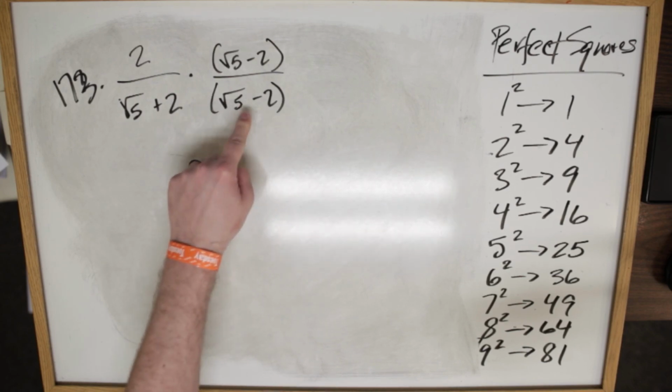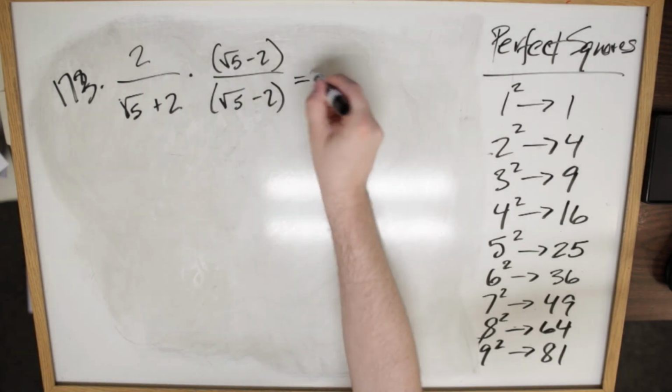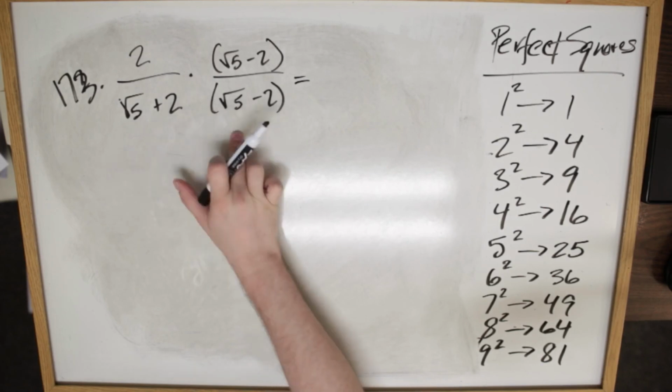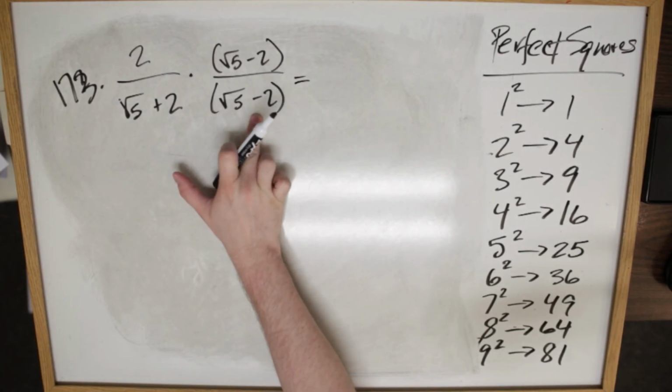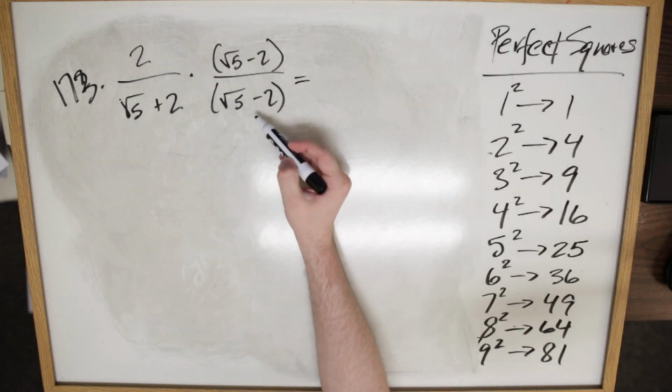Now, why am I doing this? Why am I multiplying by a conjugate? Because remember what I said in the last question? If I have square root of a times the square root of a, or square root of a squared, it just gets rid of the square root signs completely. It's the same idea. This is one of those special FOILs where the terms are the same and the only thing that's different is the sign.